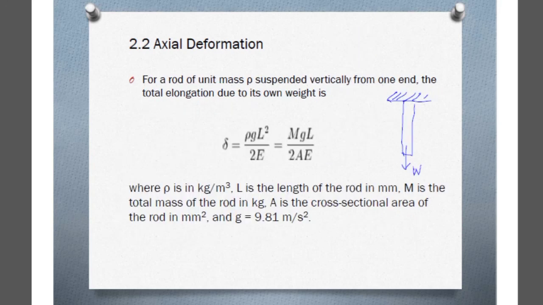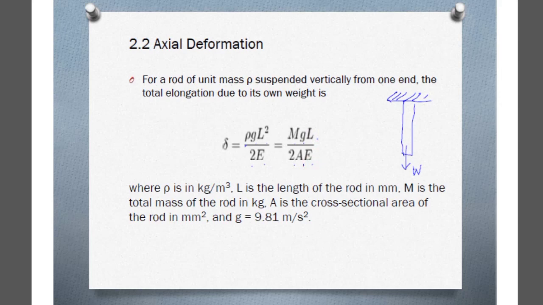For the rod of unit mass ρ suspended vertically from one end, the total elongation due to its own weight is equal to density multiplied by the gravitational acceleration constant times L squared over 2E. And this is also equal to the mass multiplied by the gravitational acceleration constant, times L over 2AE.